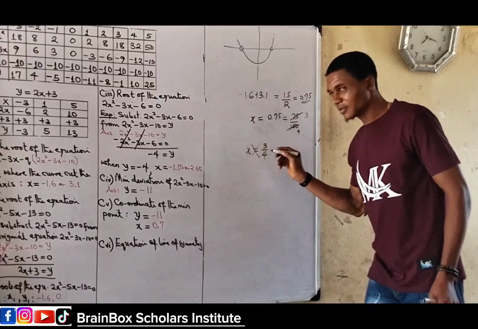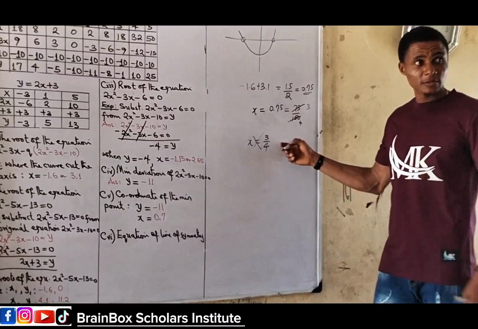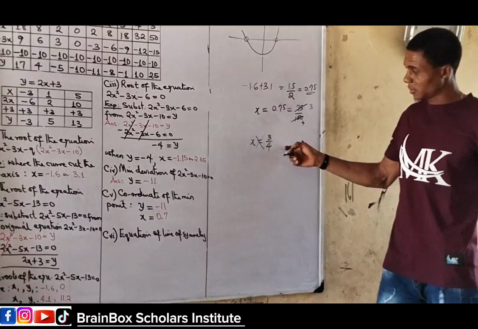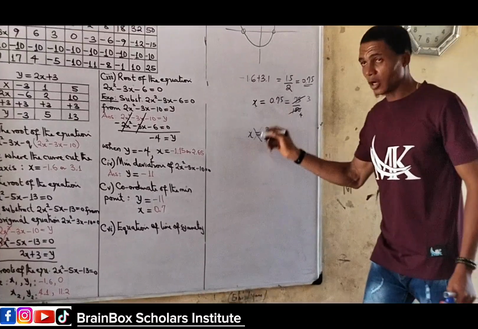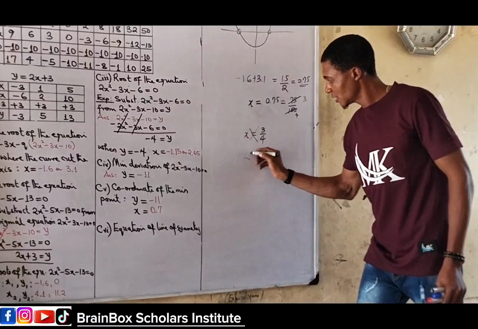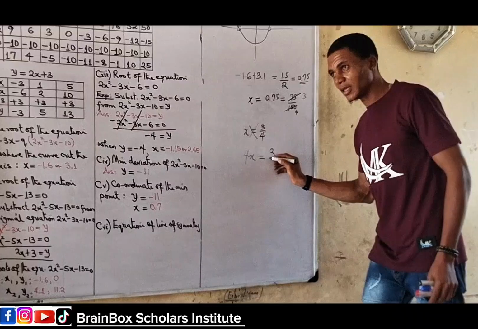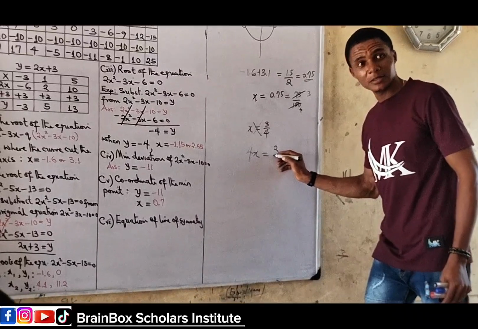You cross multiply. 4 times x is 4x, is equal to 3. Am I making sense?